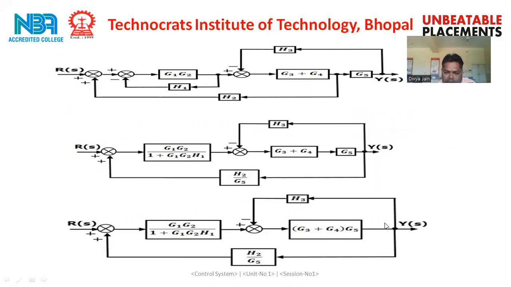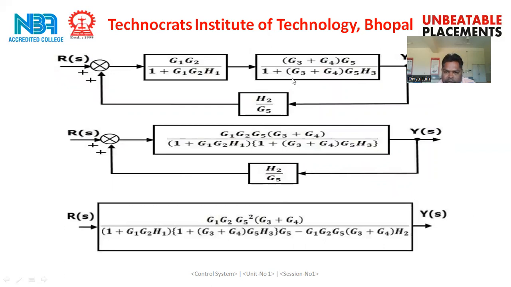Again, next case, this is the feedback path and this is the forward path. So we will solve this closed loop path. The result will be (G3 plus G4) multiply G5 divided by 1 plus (G3 plus G4) multiply G5 multiply H3. And now again this block and this block are in series form, so they will be multiplied.